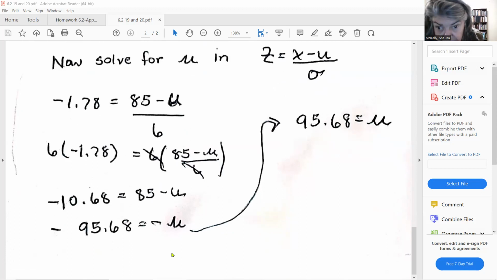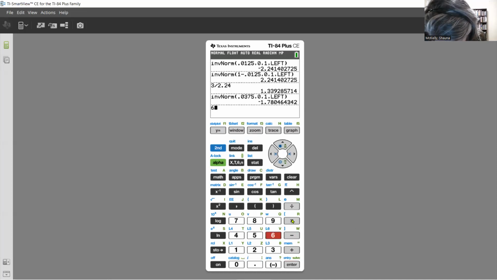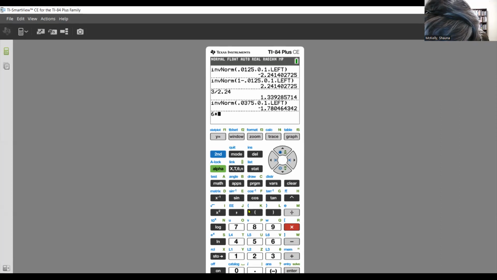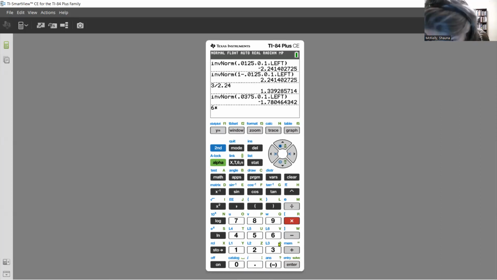6 times a negative, and the negative, remember, is down here with the plus minus. So I'm going to move this down. Having some issues with the screen, give me a moment.